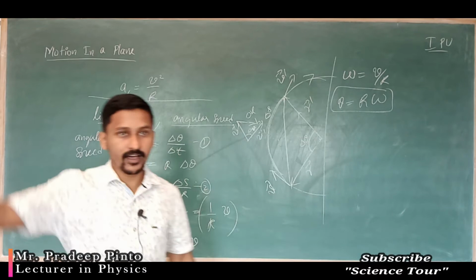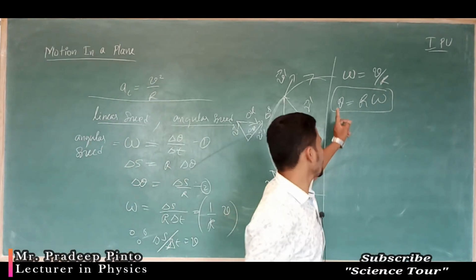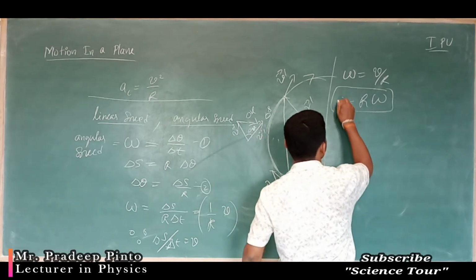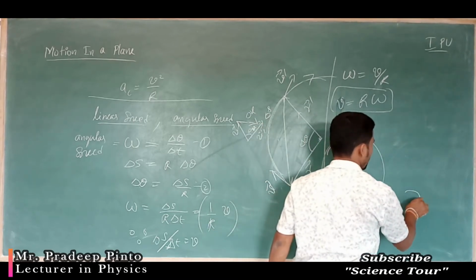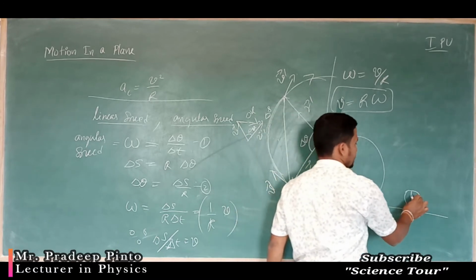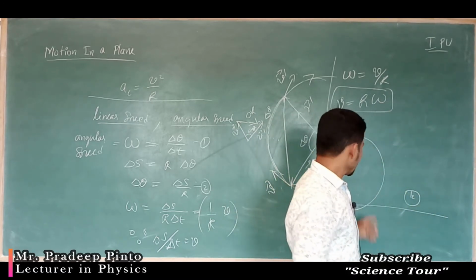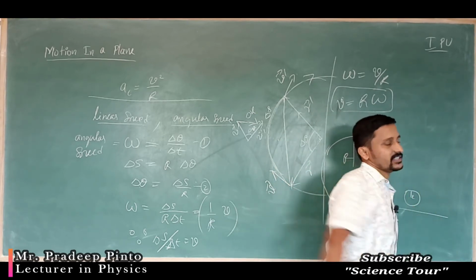It means if the circle is large, the velocity is going to be large. A small circle means small velocity. Consider a big wheel and a small wheel, where the radius is large for one. The same angle you are going through: for 1 second, one rotation is given to this and one rotation is given to that.